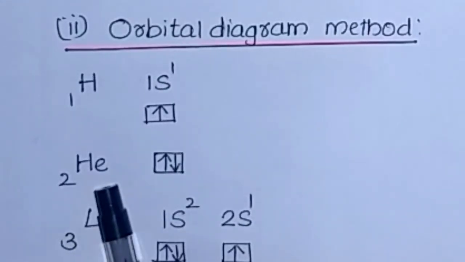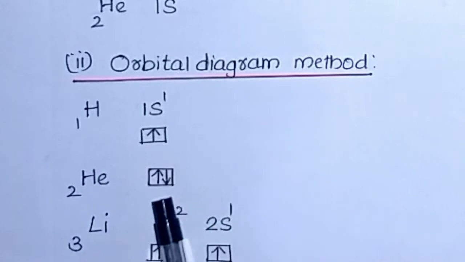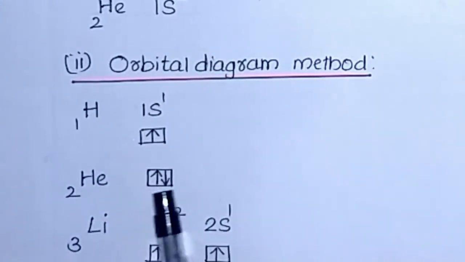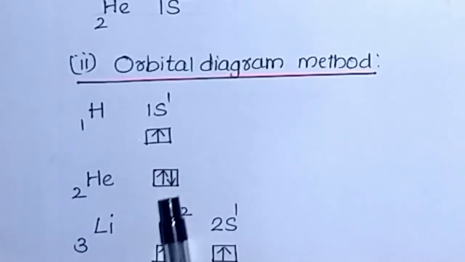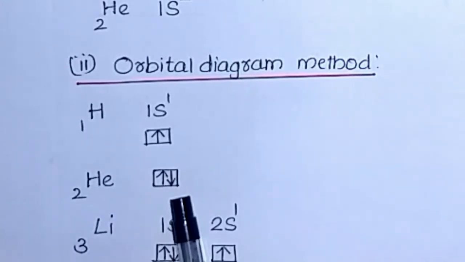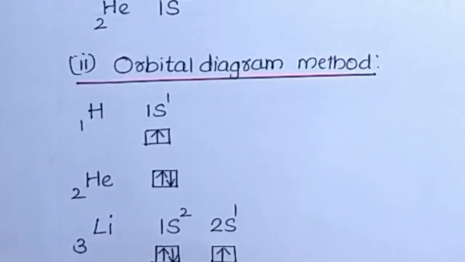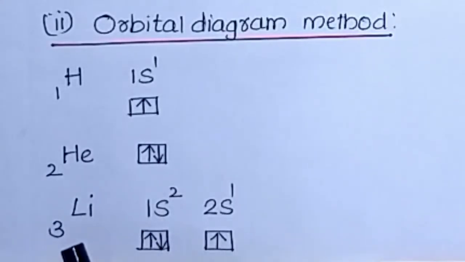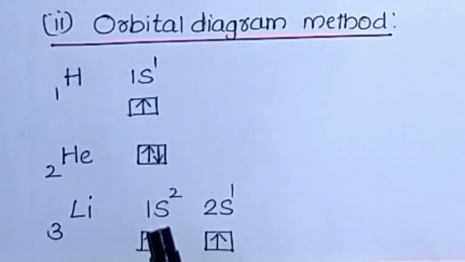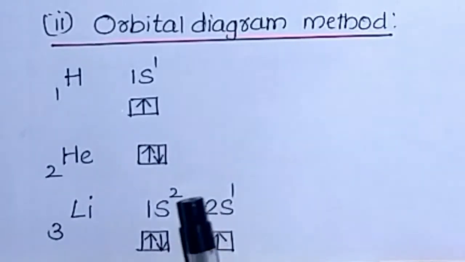For example, helium: the SPDF notation is 1s2. The s orbital has only one possible orientation, so one box, with one arrow in the clockwise direction and the other in the anti-clockwise direction. These represent 2 electrons. Then lithium, atomic number 3, has SPDF configuration 1s2, 2s1, total 3 electrons, 2 plus 1.